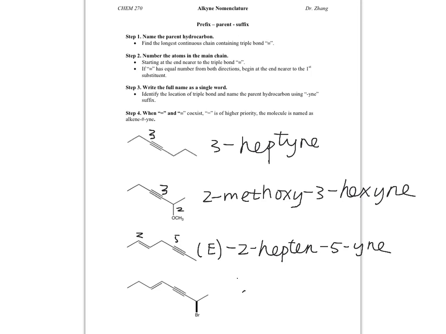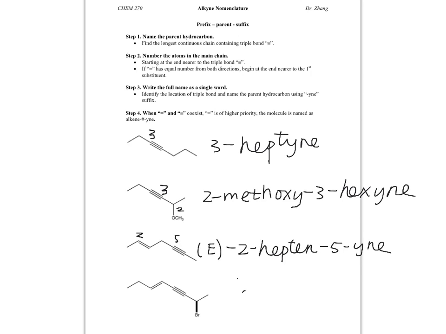Okay, so the following example: we have a double bond on the third carbon from the left-hand side. We have a triple bond on the third carbon from the right-hand side. But again, because the alkene has higher priority, we're still going to number the main chain from the left-hand side.